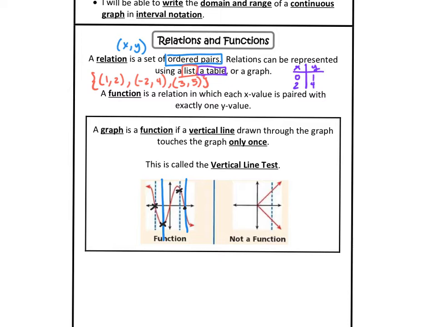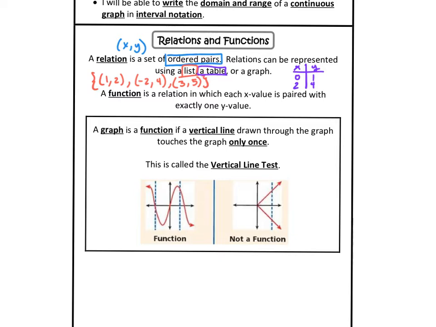But every vertical line that I draw, how many times did I hit the graph? For example, in this line, how many times did I hit the red graph? One time. I drew another vertical line, I hit the graph one time. Another vertical line, one time, and another vertical line hits the graph one time. So the rule is, if I draw a vertical line and it touches the graph only once, it is a function. It is a function. Let me go ahead and erase this.